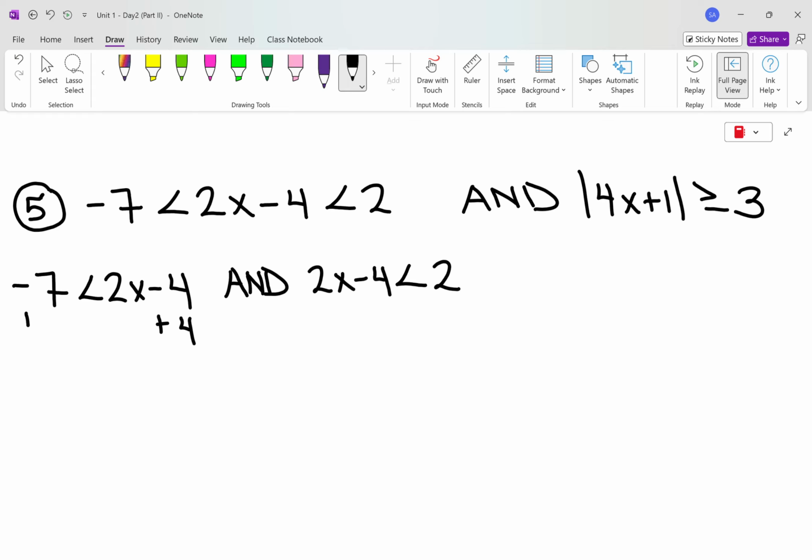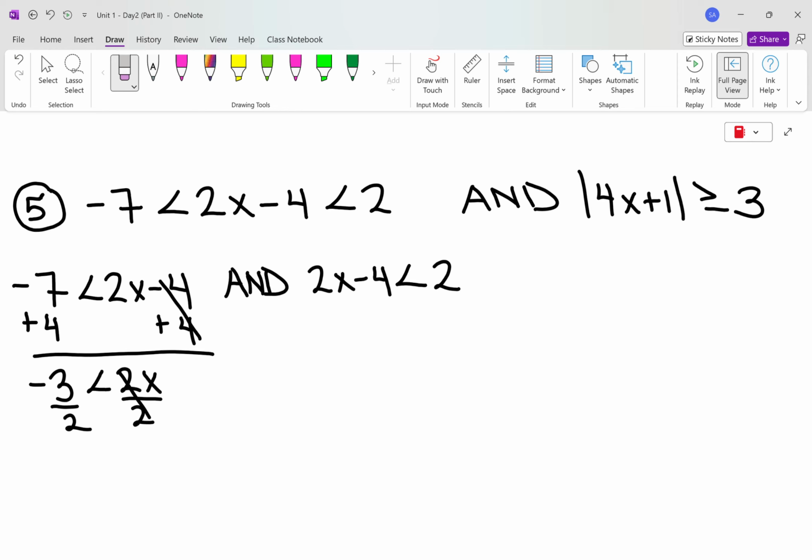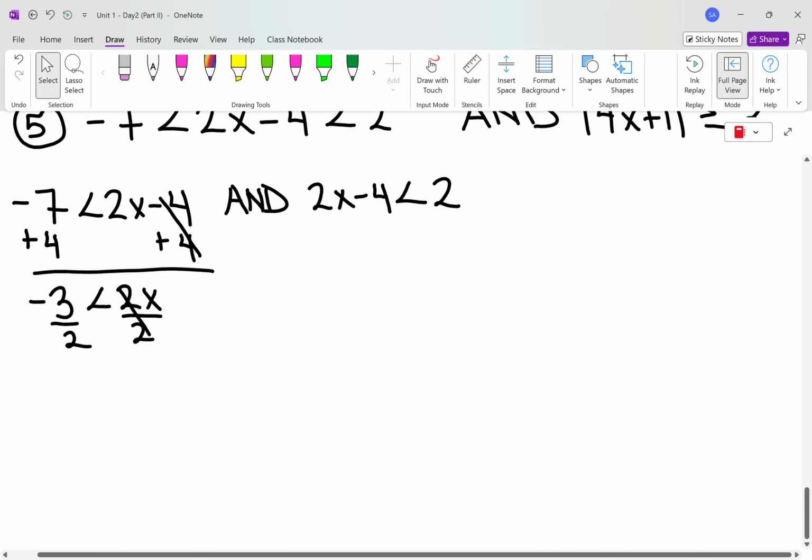I'm going to now solve this. So I'm going to add 4 on both sides. So we're going to have negative 3 is less than 2x. Divide by 2. And we're going to get x, because I'm plotting this on a number line, I'm going to write it as a decimal.